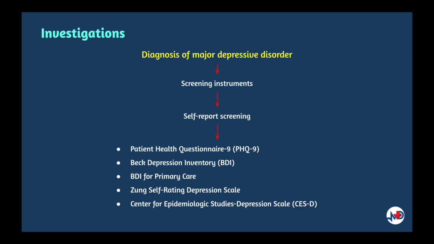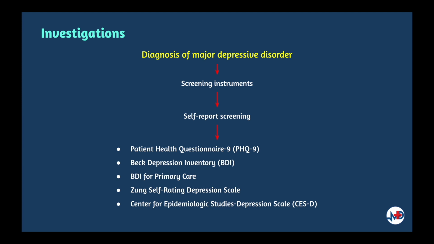So, which screening instruments may be used in clinical depression or major depressive disorder? There are a few screening instruments, and one includes the self-report screening instrument for depression, which is the Patient Health Questionnaire, a 9-item depression scale. Each item is scored from 0 to 3, providing a severity score.